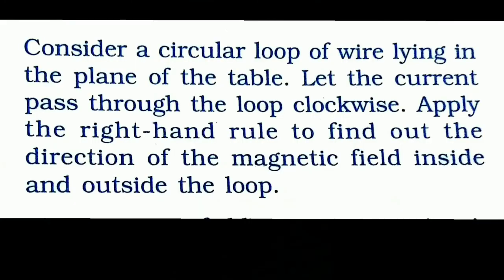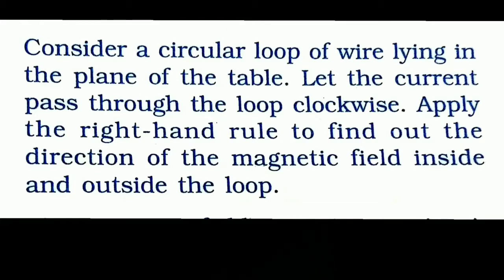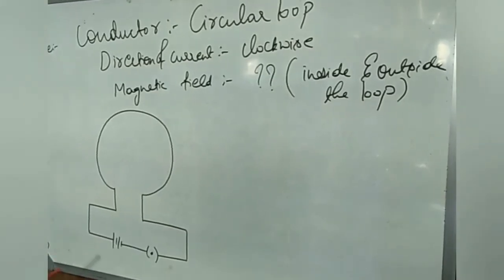They are given that a circular loop of wire is lying in the plane of the table. Now just imagine it as a table or any cardboard sheet, like how we did in the circular loop activity. First, by looking at the explanation, we need to draw the diagram. Look at this diagram.